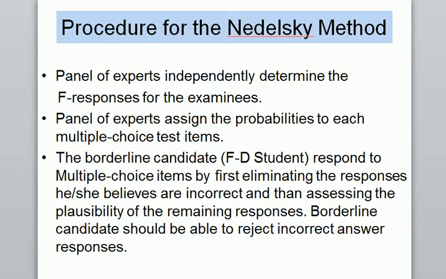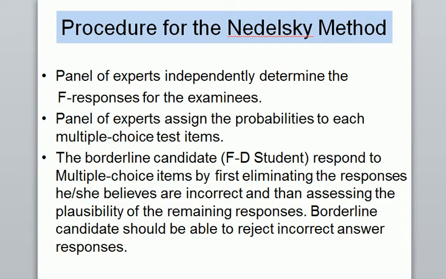Now I will come towards the procedure for the Nedelsky method. Dear students, in this method, panels of experts independently determine the F responses for the examinees, and the panel of experts assign the probabilities to each multiple choice test item.